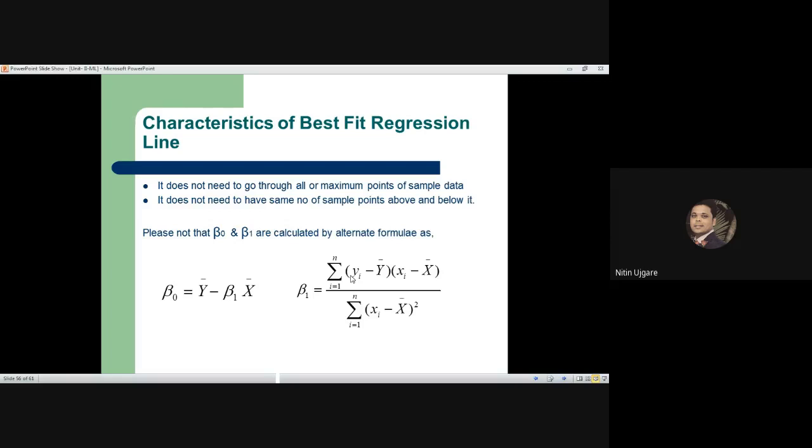Sometimes it may happen that the line does not pass through even a single point, but this does not mean that the line is not the best fit line. If a linear regression line does not pass through a single point, but it has a minimum sum of square error, then we can still call that line a best fit regression line. That's very clear.